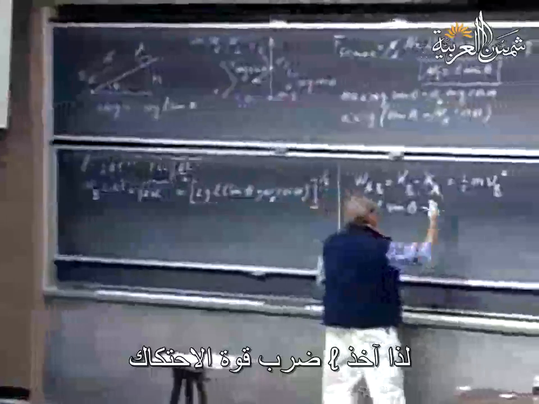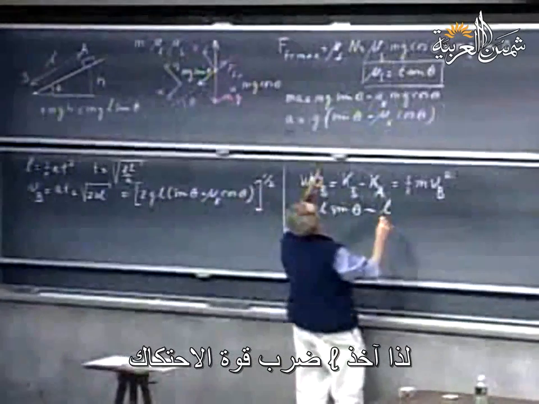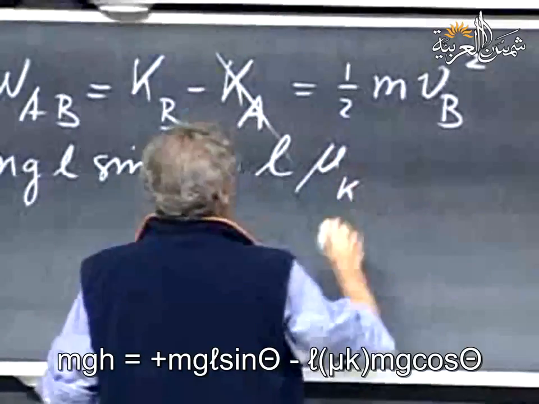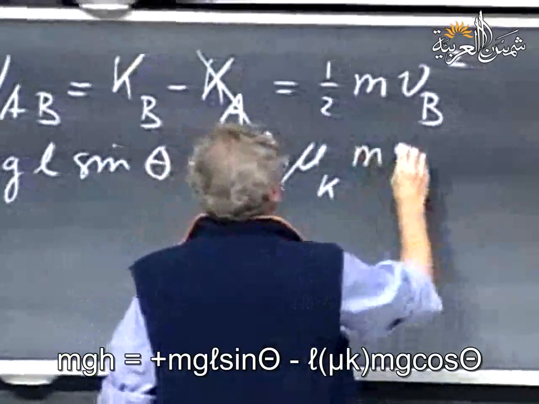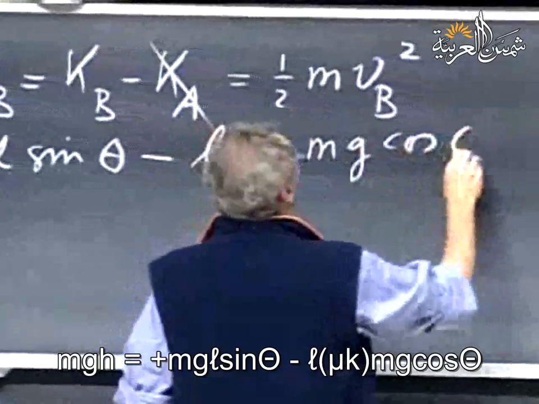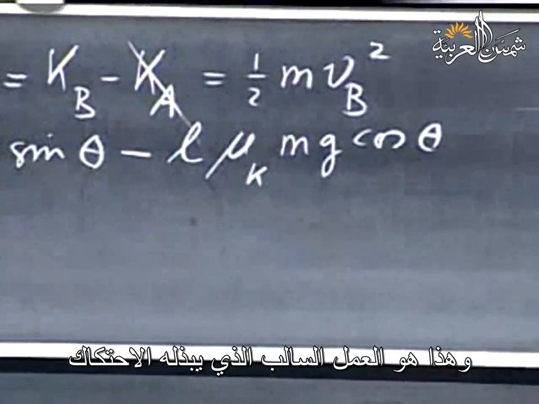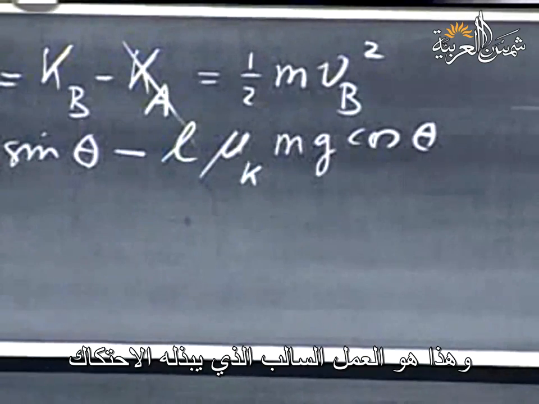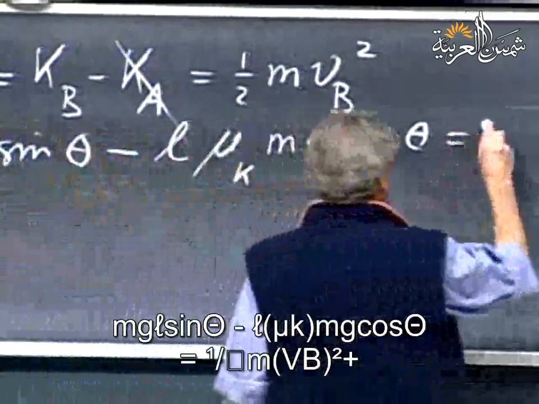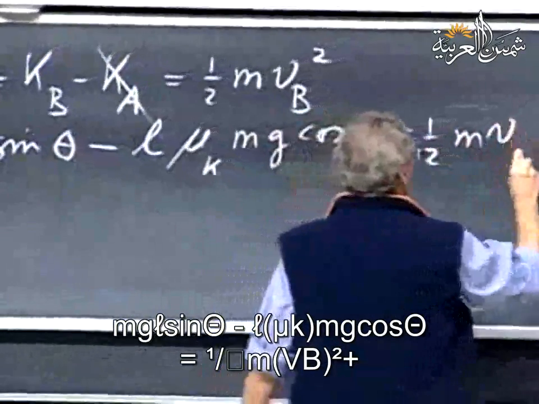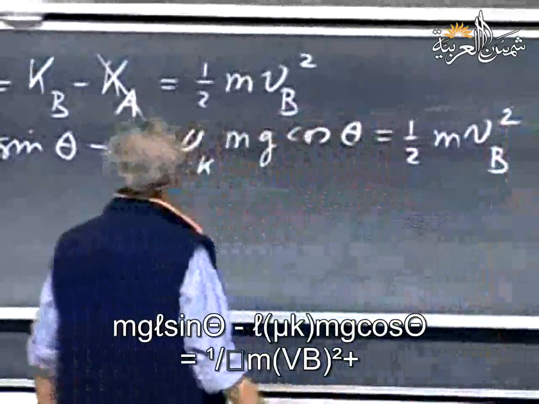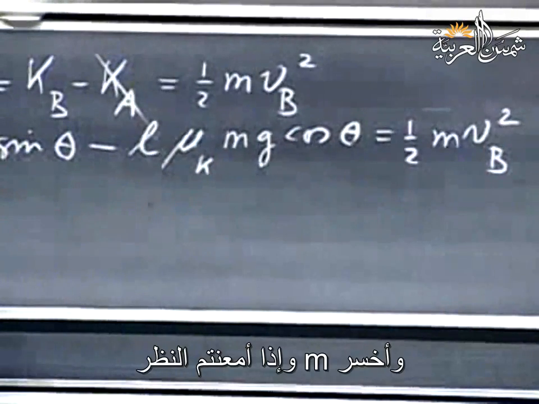And so I get L times the frictional force, which is mu k mg cosine theta. That's the negative work done by the friction, and this equals 1/2 m VB squared. And I lose an m.